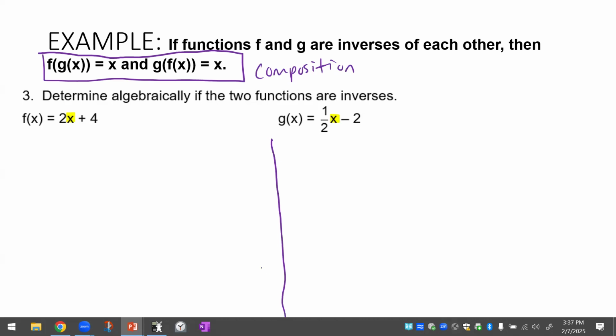So we're going to divide our paper in half. On the left side, we're going to do the first composition. The first composition is f composed of g of x. F composed of g of x means I'm taking the entire g of x function and plugging it into f of x for x, right? So it becomes f composed of 1/2 x minus 2.